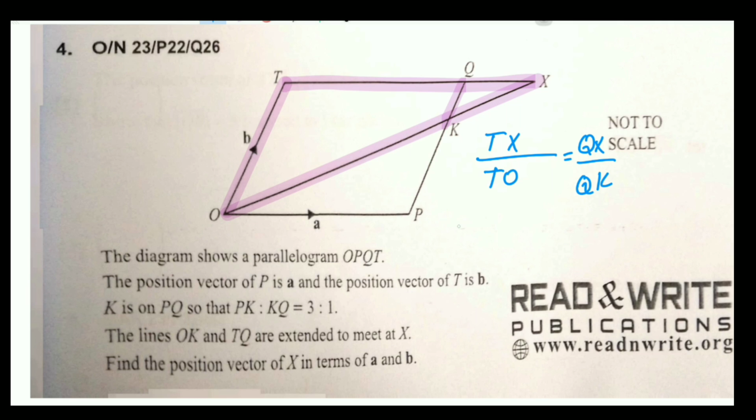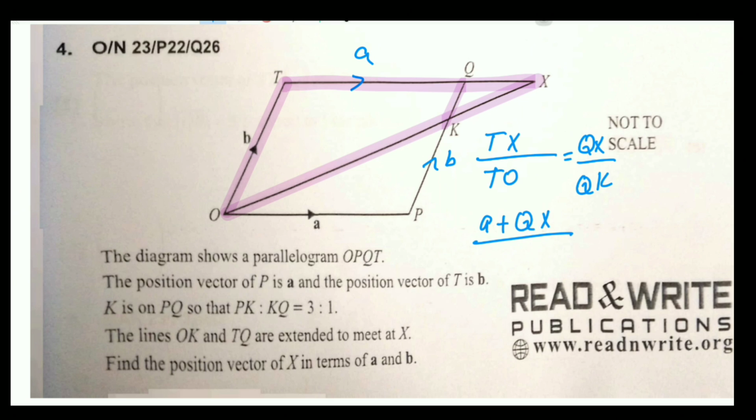This is how you have to write the similarity ratio. Now TX is A plus QX over TO. If this is B, this side will also be B, and if this is A, this side will also be A.